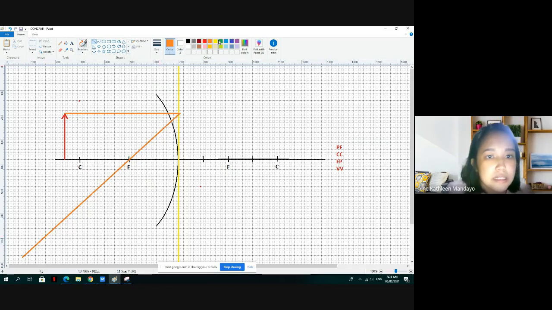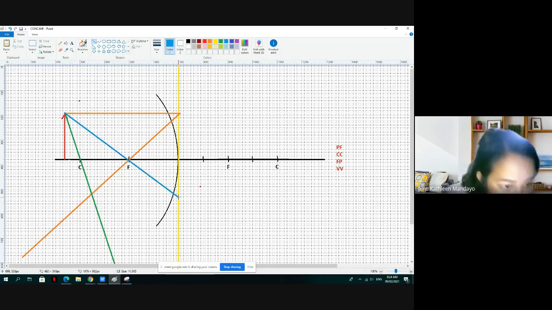Tapos, the next one would be CC. And then, you have here FP. Ito. So, tinama ko ulit sa dilaw kasi ayun yung mirror na natin ngayon, hindi na yung kanina.